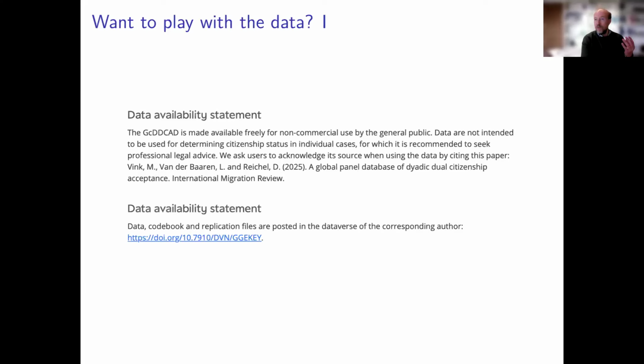Read the paper. If you want to play with the data, they are there for you to use. As you can read in the paper, they are free to use for non-commercial use by the general public.